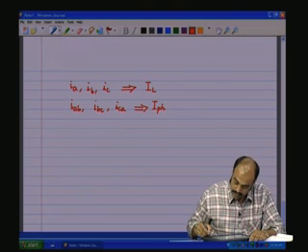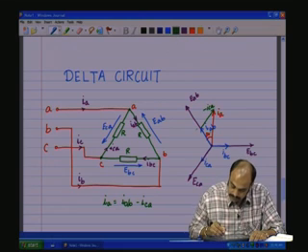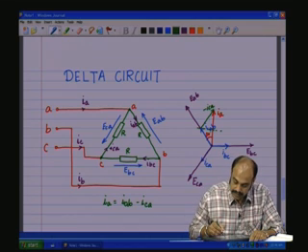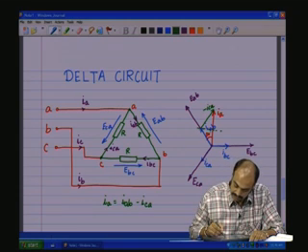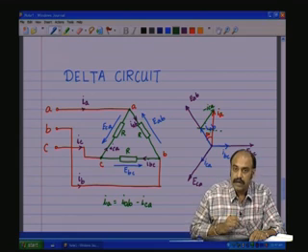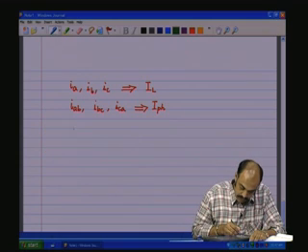Okay. And looking at the diagram, and if we draw the projections, so you will see that IAB projection on this IA line and ICA amplitude projection on this IA line. So, you have I phase cos 30 and I phase cos 30. So, 2 times I phase cos 30 is added up to get IA amplitude. So, IA is nothing but the I line amplitude.